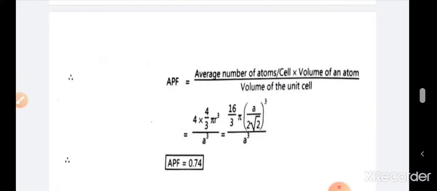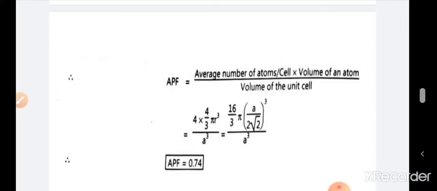The number of atoms in the unit cell in case of the face centered cubic structure is 4. That's why in the formula, we multiply the number 4 with the volume of the spherical atom, that is 4 by 3 pi r cube.